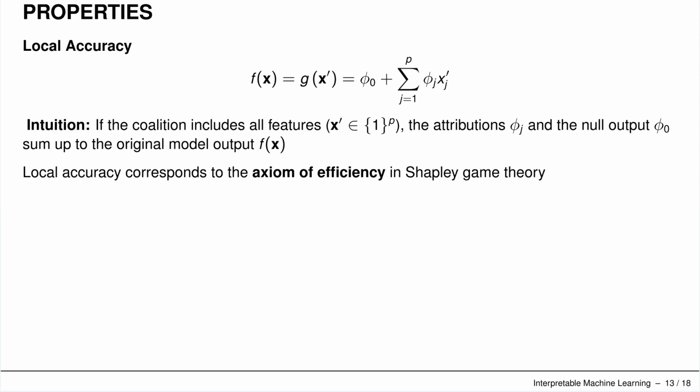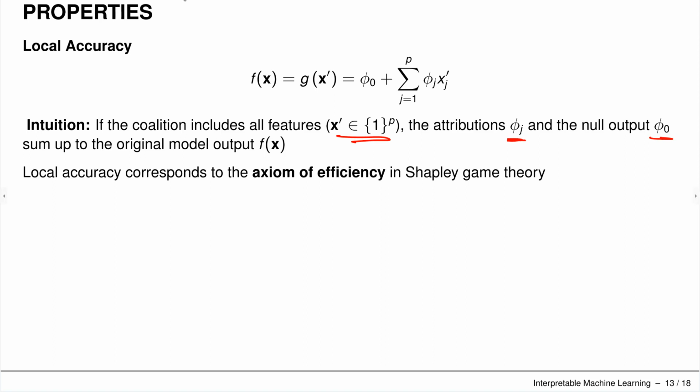So SHAP values also have some properties related to the axioms of Shapley values. And the first one is local accuracy. So here the intuition is if the coalition includes all features, then the attributions, so the Shapley values and the null output, sum up to the original model output.